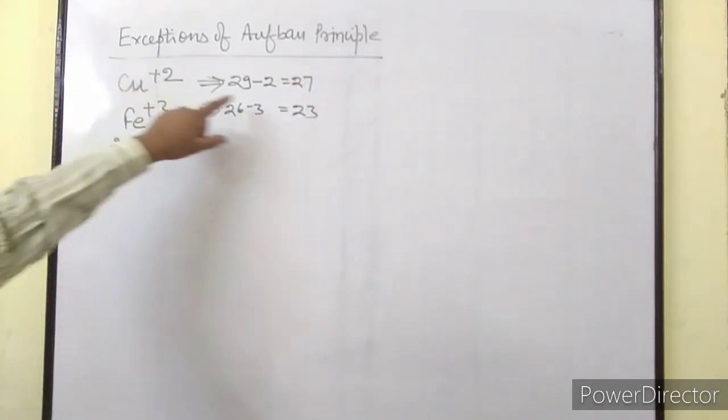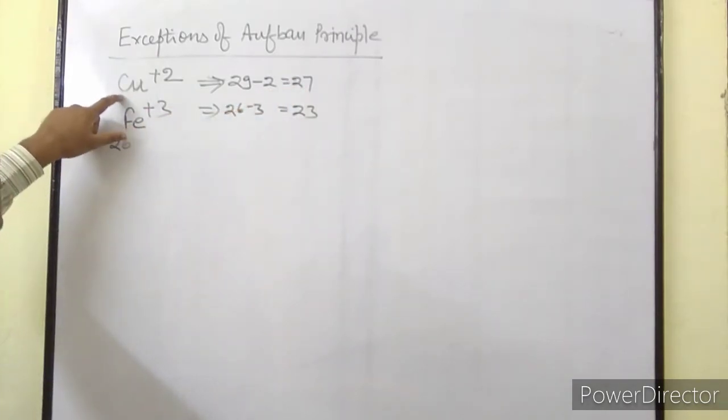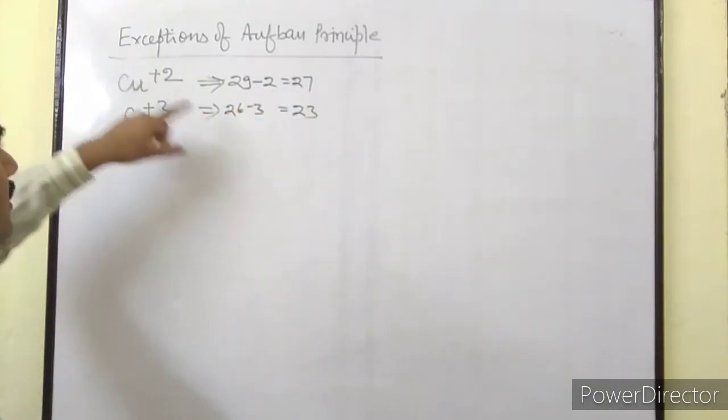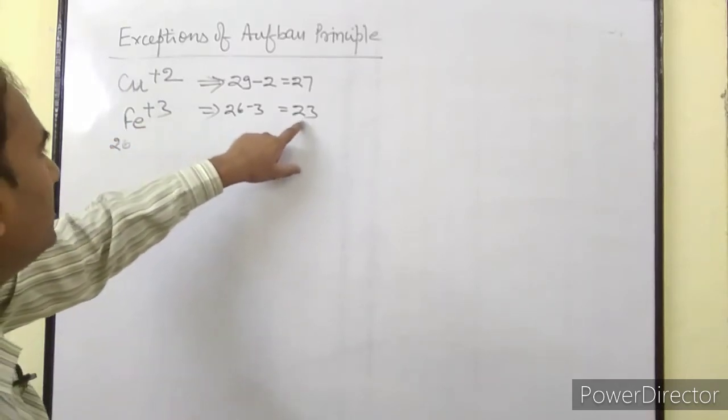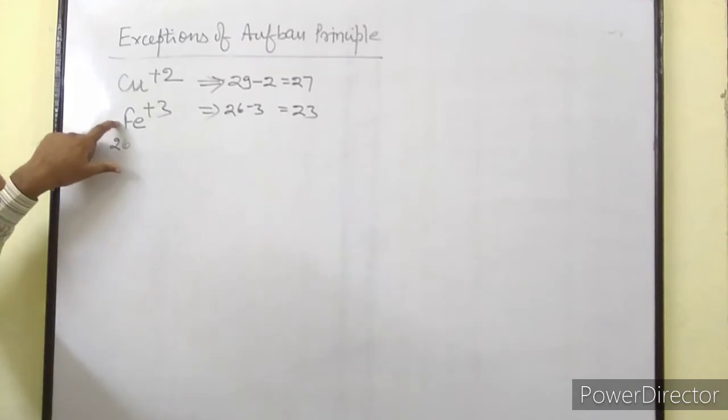So we have to organize 27 electrons in the atomic orbitals in their increasing energy order, and we have to organize 23 electrons here in their increasing energy order.